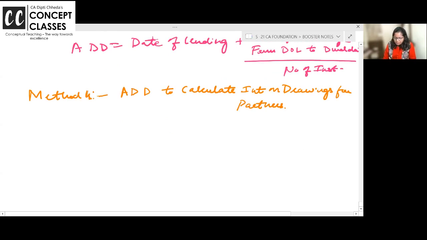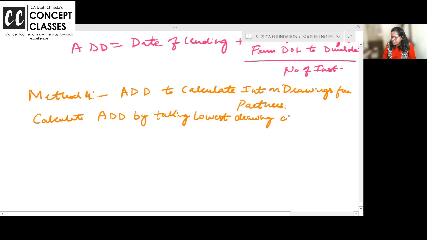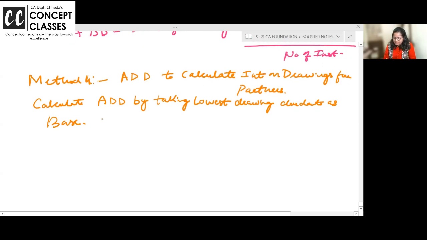In this, write down: calculate the average due date by taking the lowest drawing due date as base. Lowest drawing due date as base.